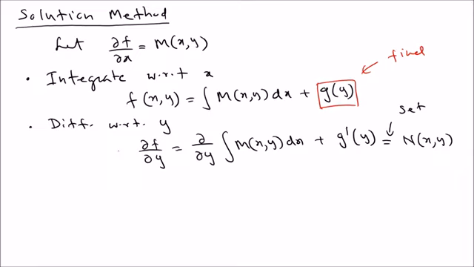Then you can find g prime of y, and then integrate to find g(y). So the next thing is: first find g prime of y, and then integrate to find g(y).